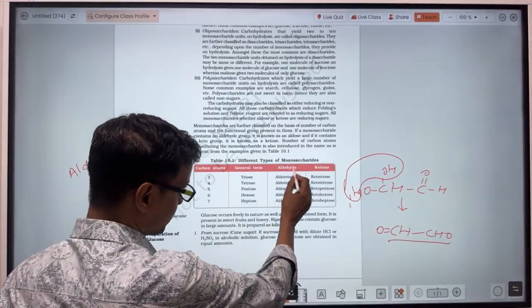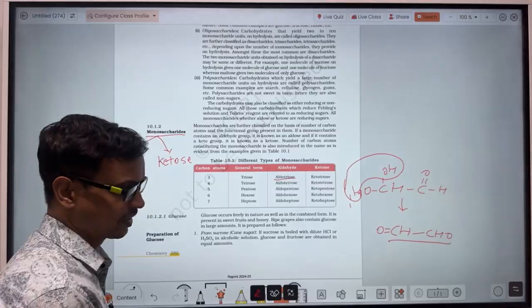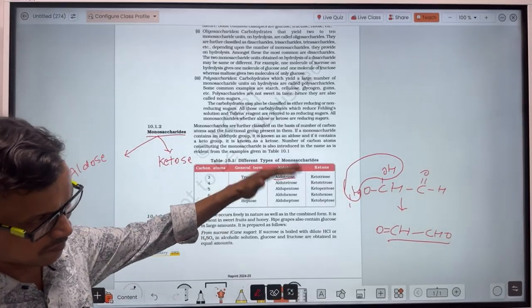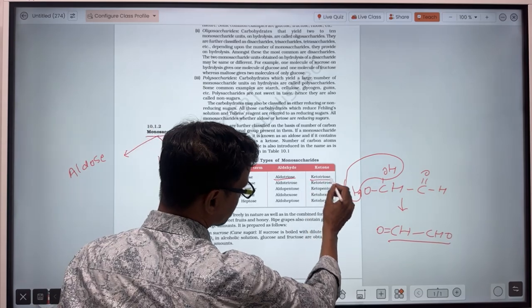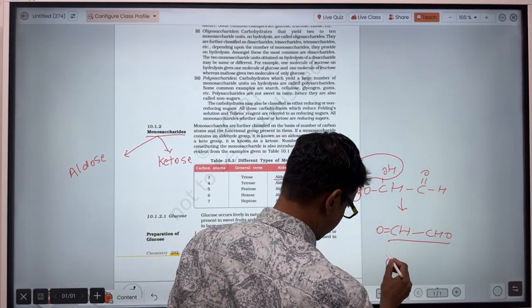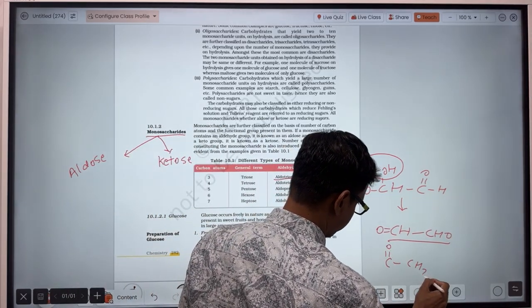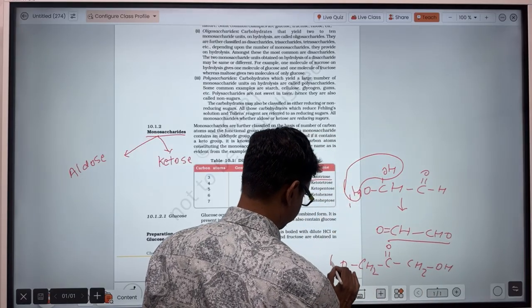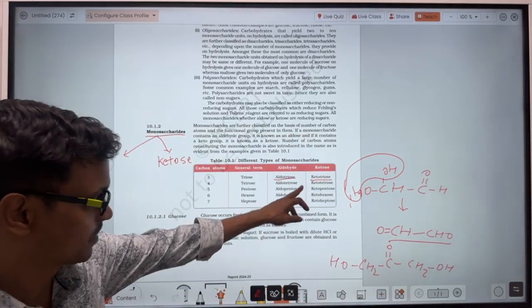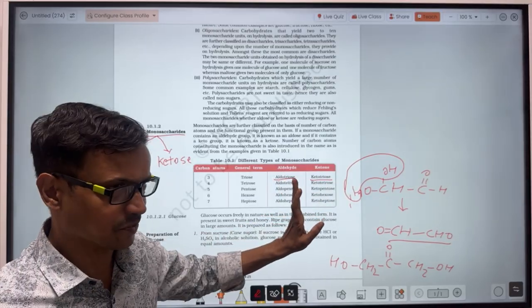If the aldehyde group is there, it is called aldotriose. And if the monosaccharide contains the ketonic group, it is called ketotriose. Ketotriose is possible, like C double bond O over here, CH2OH here, and here also CH2OH. So that will be called aldotriose or ketotriose.